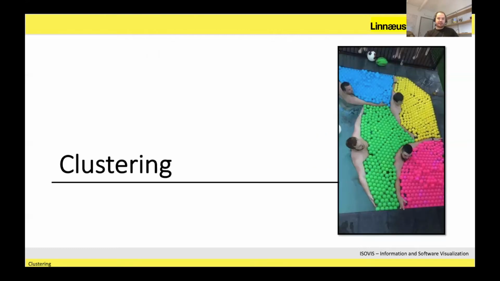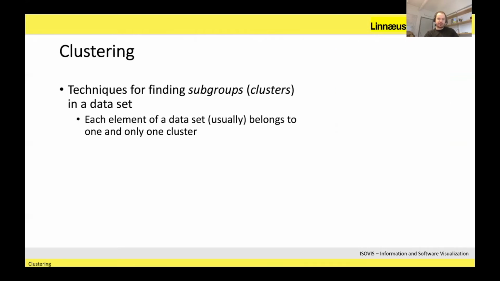So clustering, let's start with clustering. Basically, in a very coarse overview, clustering comprises techniques for finding subgroups in a data set. After you apply a certain clustering technique to a data set, the result is that each element usually belongs to one and only one cluster.